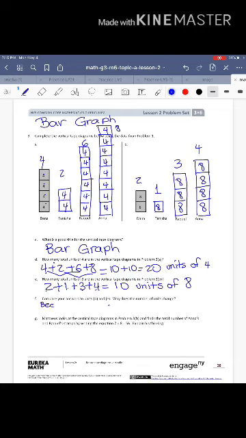Because the unit sizes are different. So that's why in one we have 20 and the other one we have 10.